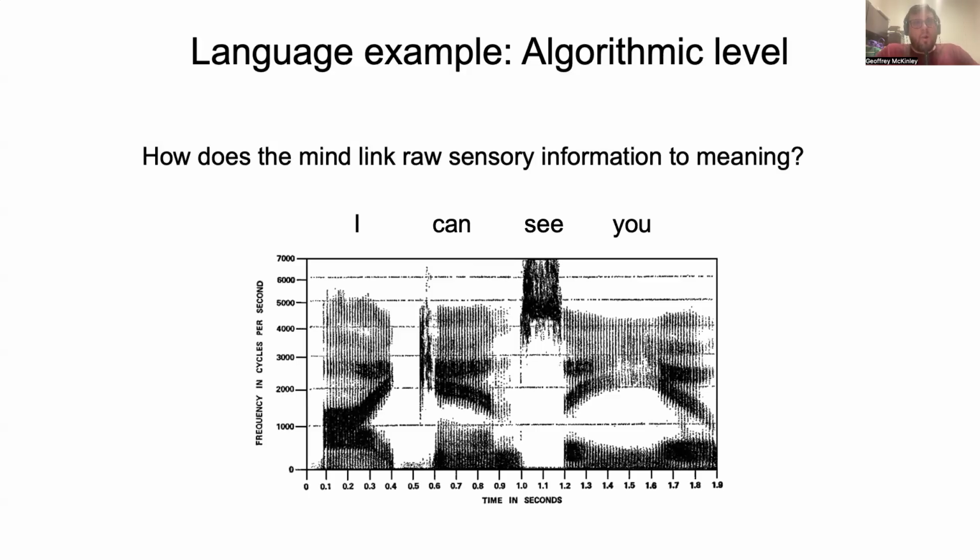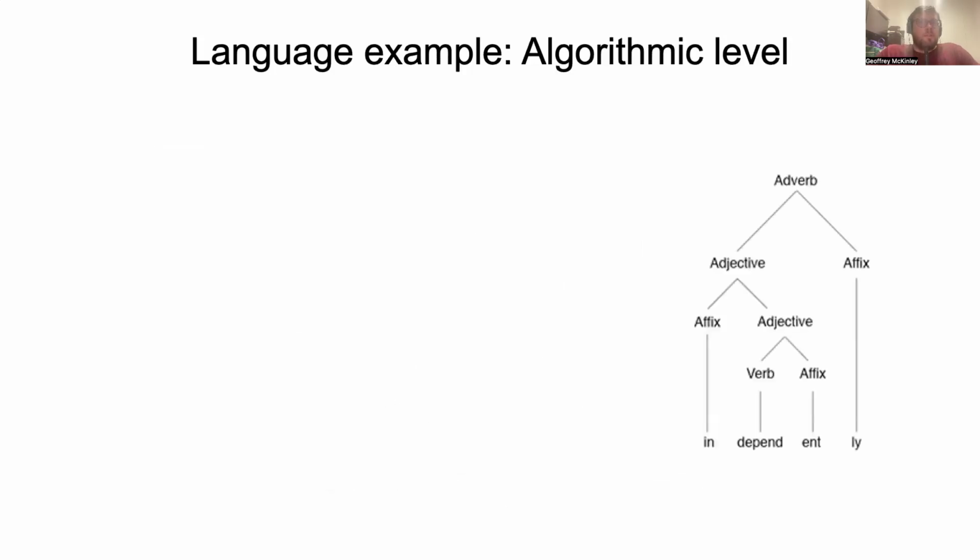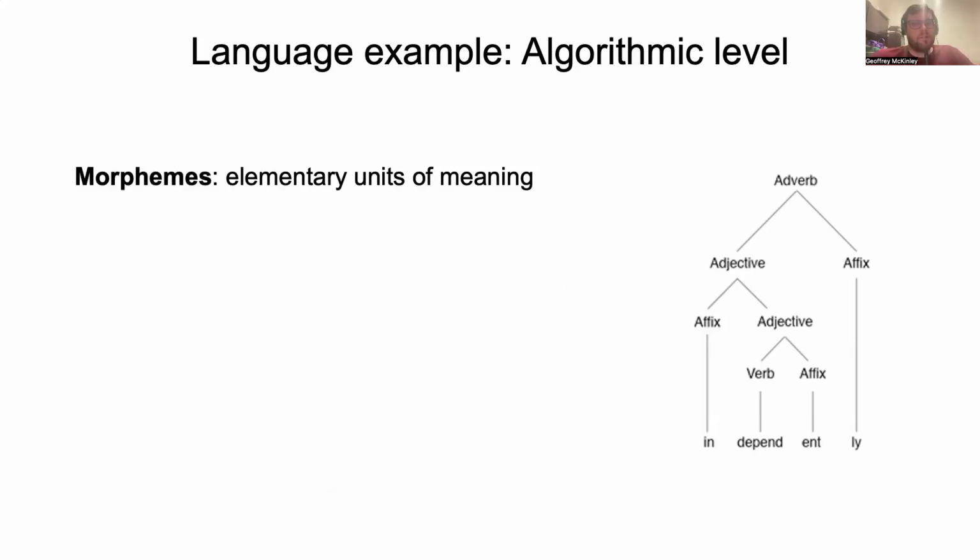And how do we get all that raw sound information to mean what we think it means? And so again, we need some system of rules to combine sounds, and in this case, meaningful sounds. And as I said, morphemes are the elementary units of meaning. So this could be words, but it could also be prefixes or suffixes. So in this example, "in" would be a morpheme.